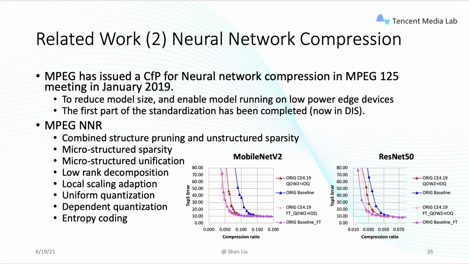MPEG issued a CFP for neural network compression in January 2019, aimed at reducing model size and enabling models to run on low-power devices. The first part of this standardization was completed a few months ago, and the second phase is still ongoing.